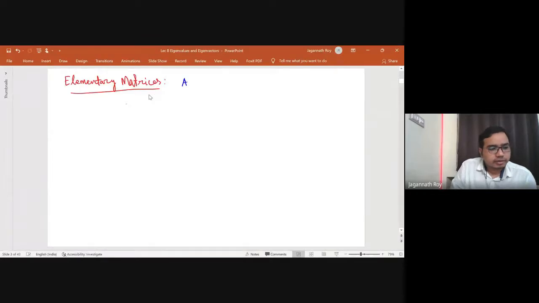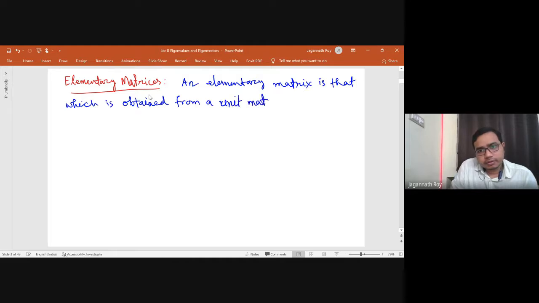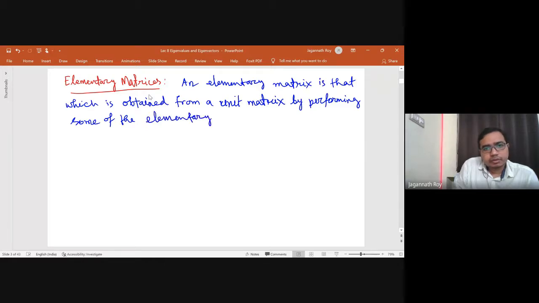An elementary matrix is that which is obtained from a unit matrix by performing some of the elementary transformations.